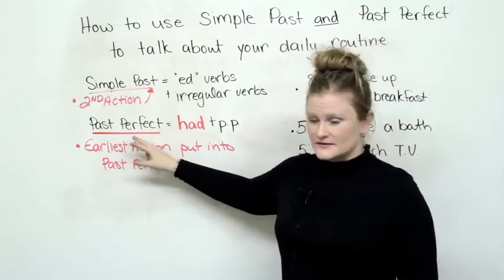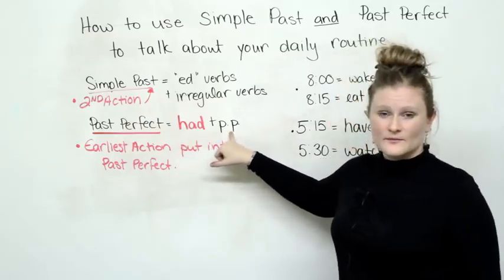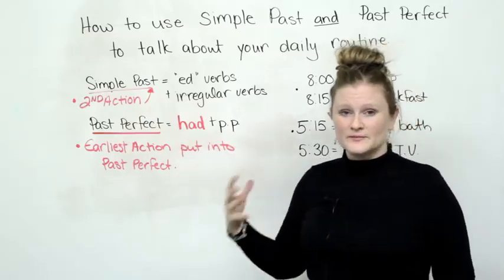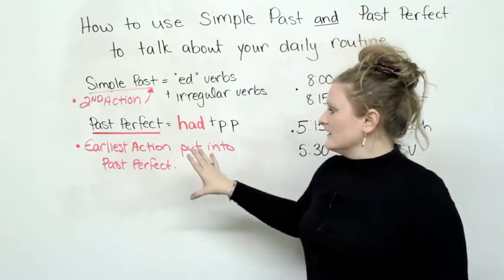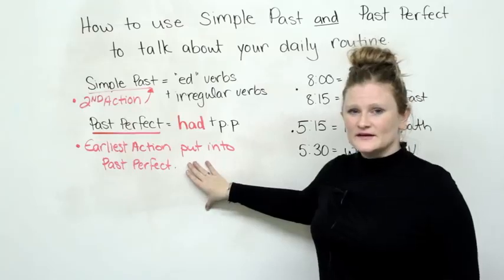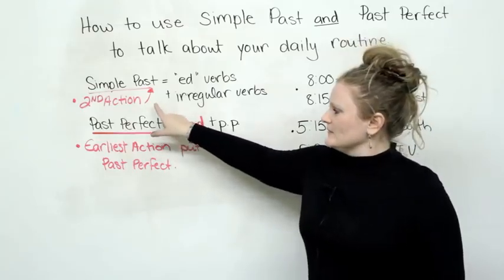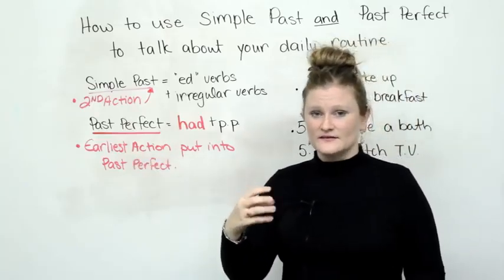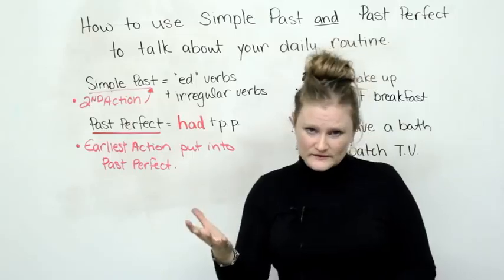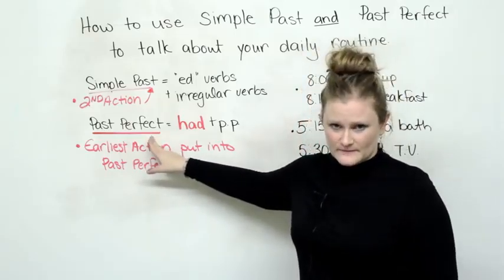Past perfect is had plus pp, or the past participle. The past participle is the third tense of the verb. The easiest way for me to explain this to you is the earliest action or the first action that you do in the morning, for example, you're going to choose past perfect.